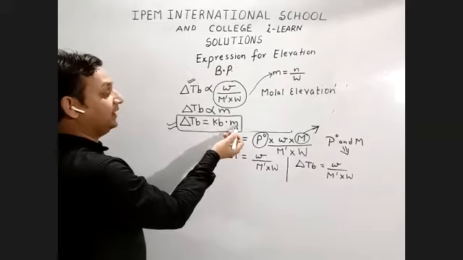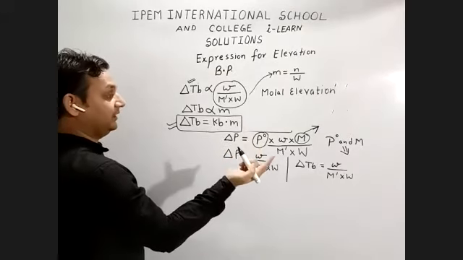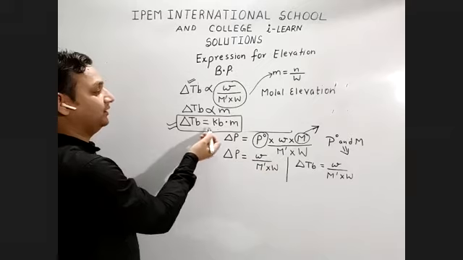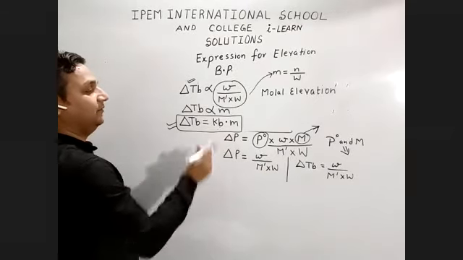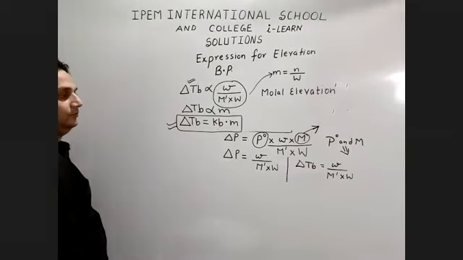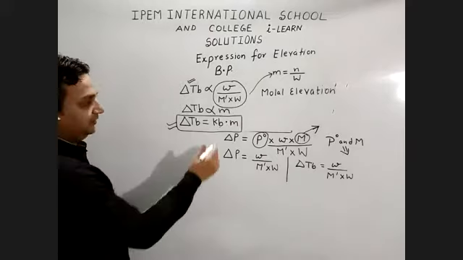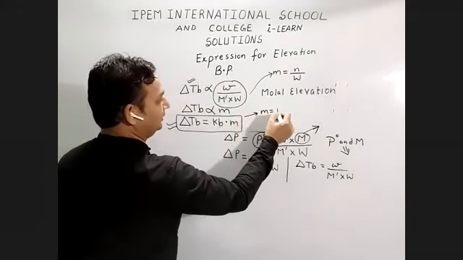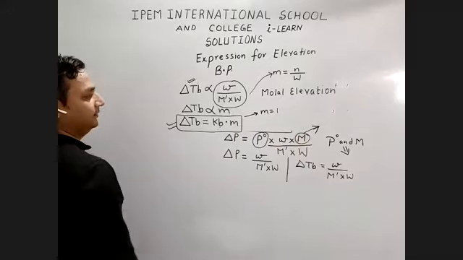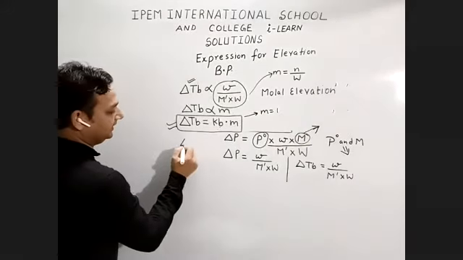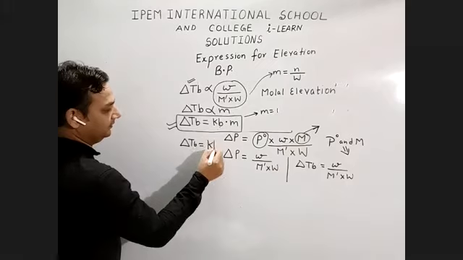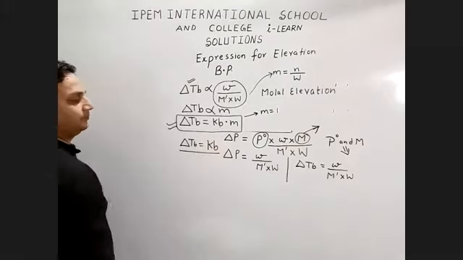When the molality is equal to 1, or unity, then the elevation of boiling point is equal to the molar elevation constant. If m is equal to 1, then delta TB will be equal to Kb.